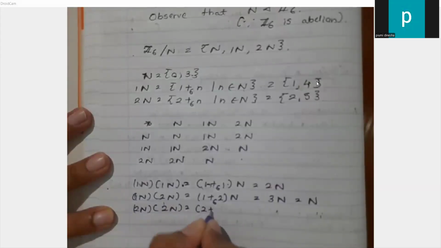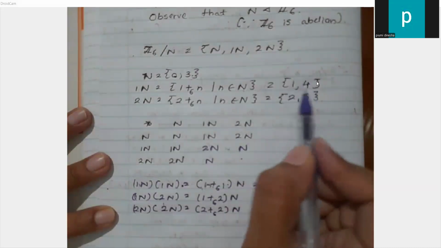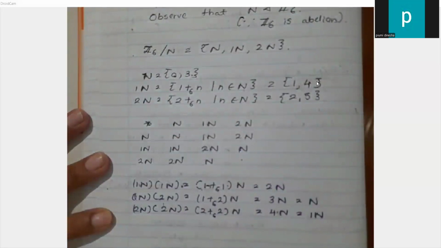We've got 2 addition modulo 6 to 2, 2 plus 2 is 4. Divide by 6, take the remainder. We've got 4N. Once again, we don't see any 4N over here. What does this equal? 1N, right? Because 4 is an element in the coset 1N. So 4 is another representative for this same coset. So it's 1N.